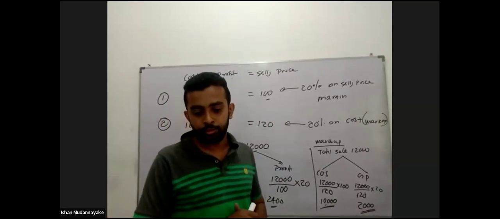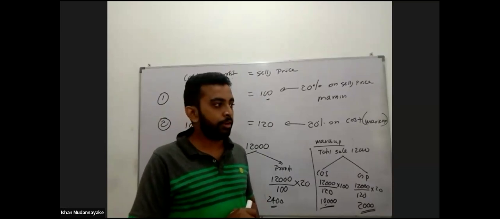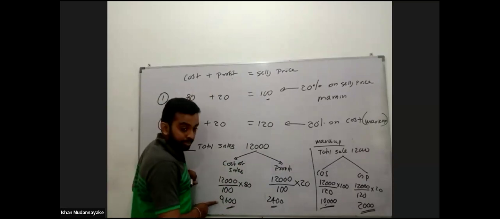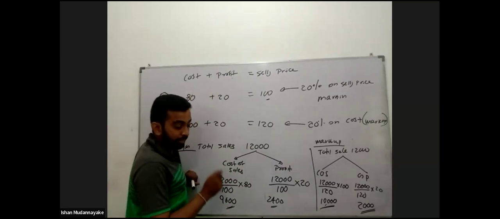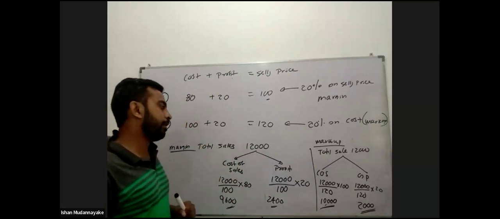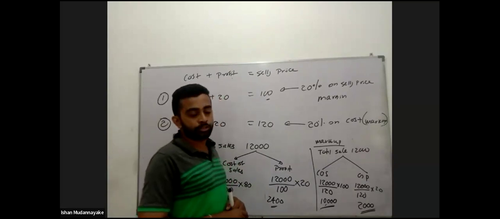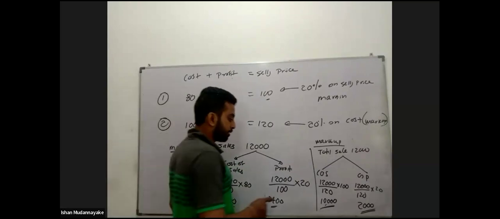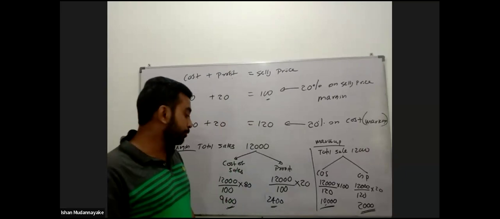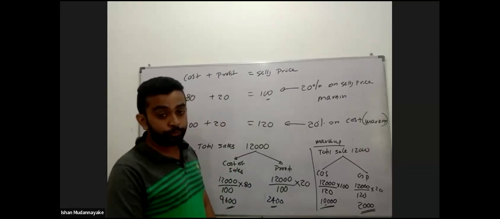If the business organization uses 20% margin, then cost of sales is 9,600. But if they apply 20% markup, 20% on cost, then cost of sales is 10,000. If they use margin, gross profit is 2,400.